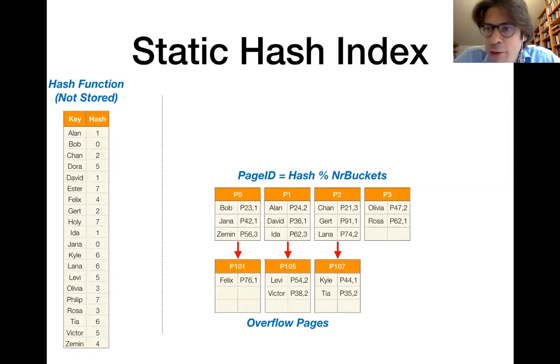And as you can imagine, if you keep inserting data, then at some point you have some very long chains of overflow pages. And if you are looking for entries with a specific hash value, then you would have to go through all of those overflow pages potentially, and that can be inefficient. So beyond this one, we have seen other more sophisticated hash indexes, extendable hashing and linear hashing, which either partially or entirely avoid those overflow pages.